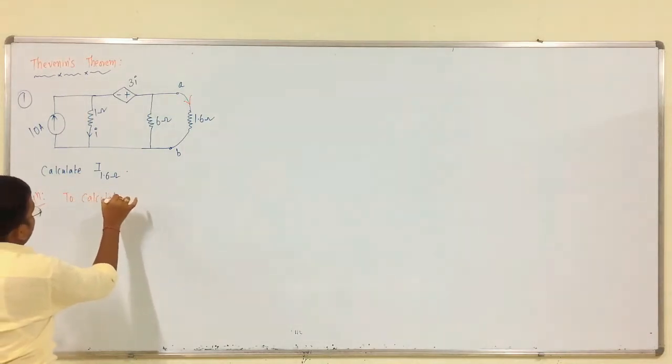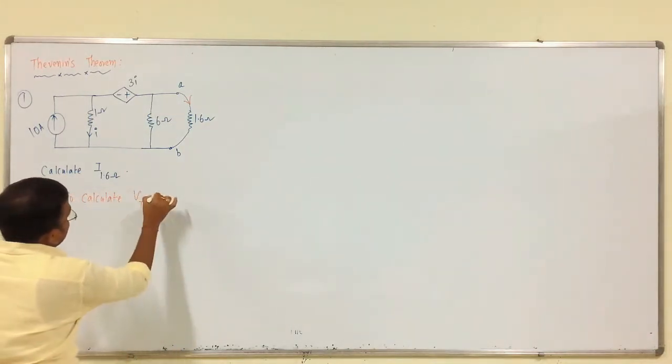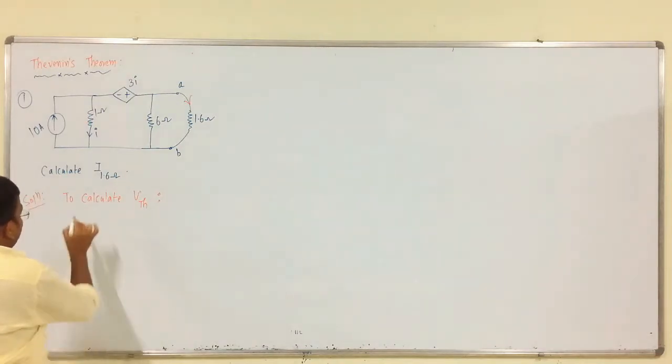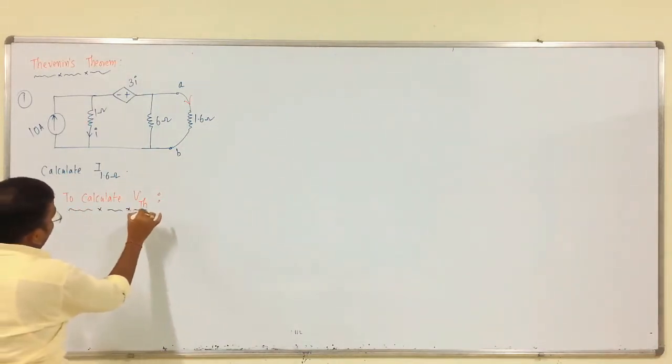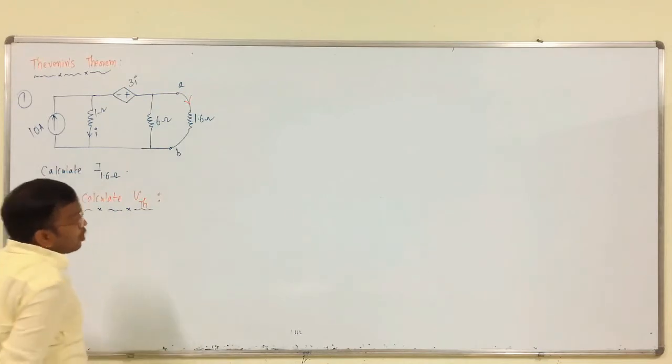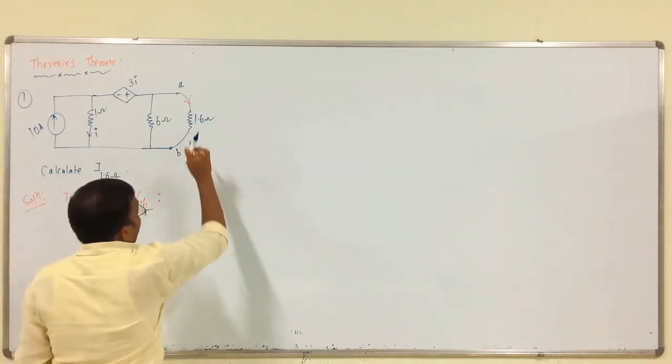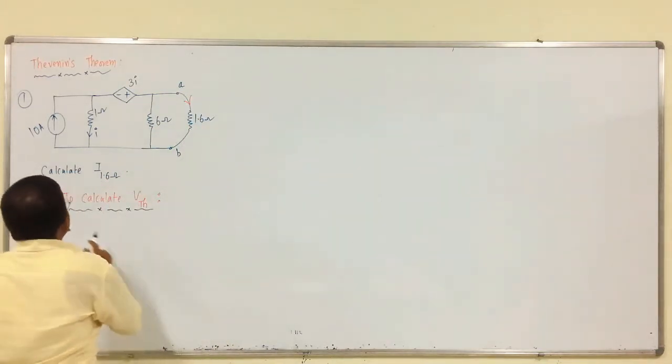To calculate VTH or VOC, we have to remove this branch. For us, this 1.6 ohm branch is nothing but the load.